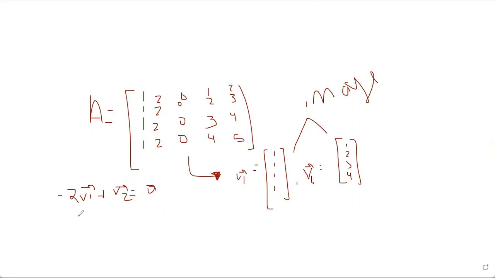The next one is that V3 equals 0. And finally, we've got that V5 is equal to V1 plus V4, which would be written as negative V1 minus V4 plus V5 equaling 0.